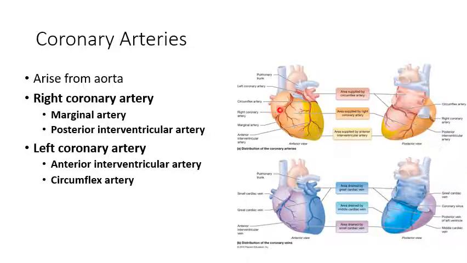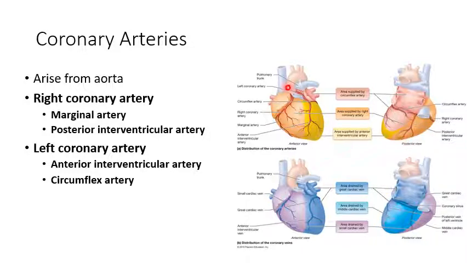Coming off of the right coronary artery, you have a couple of major branches. You have the marginal artery that comes down along the side of the heart. And then in the back of the heart, here's the right coronary artery continuing around the back. You have the posterior interventricular artery coming off of it at the bottom.